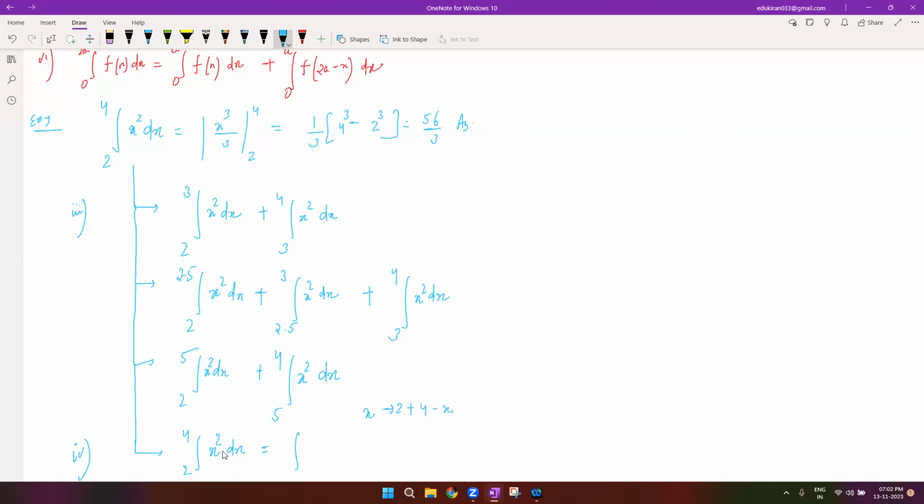That is, in place of x, if you write 6 minus x whole square, the answer remains the same.